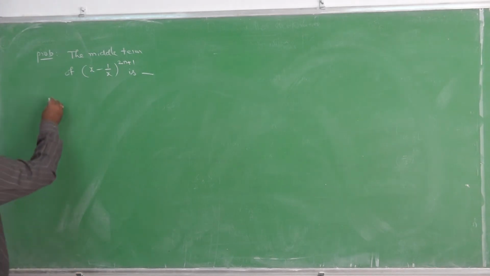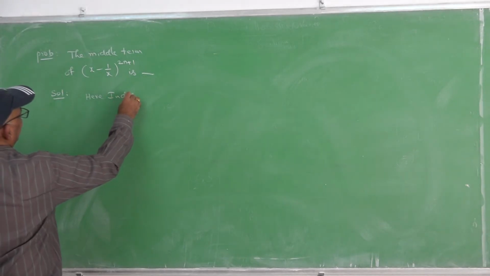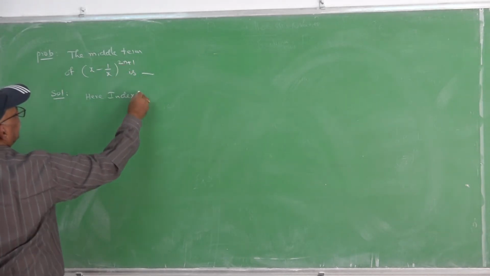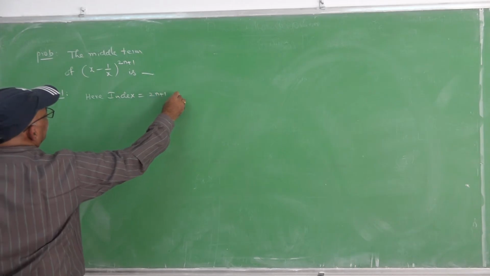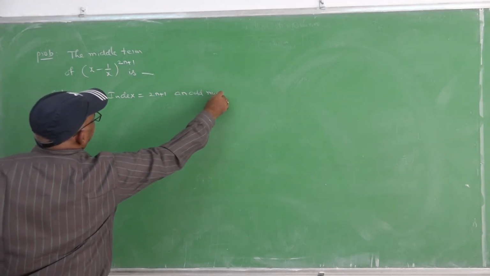To get the middle term of the expansion, observe whether the index is even or odd. Here the index of the binomial expansion is 2n plus 1, an odd number, an odd integer.